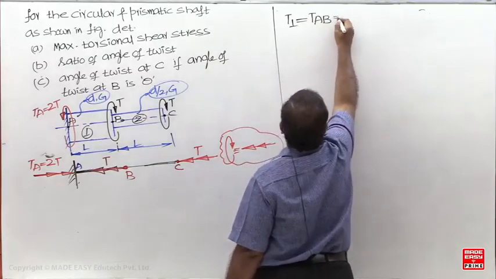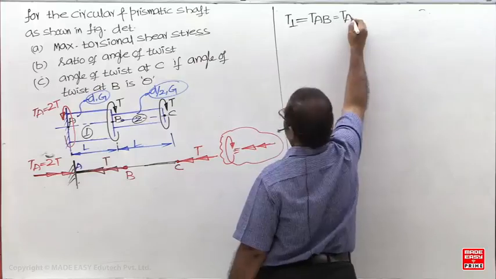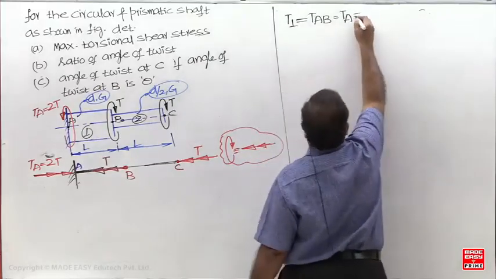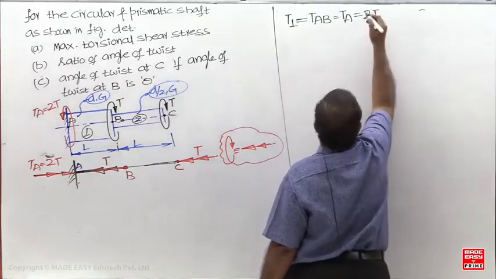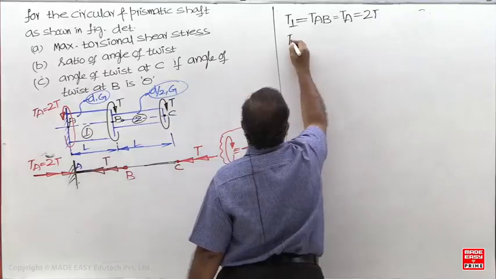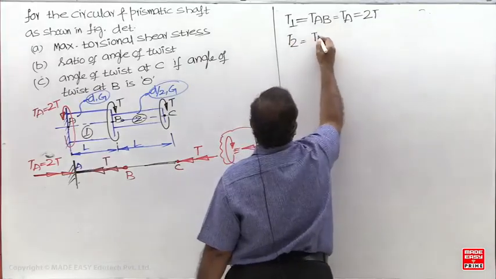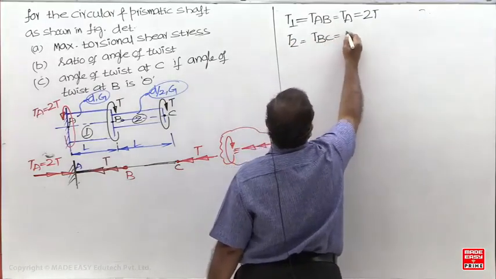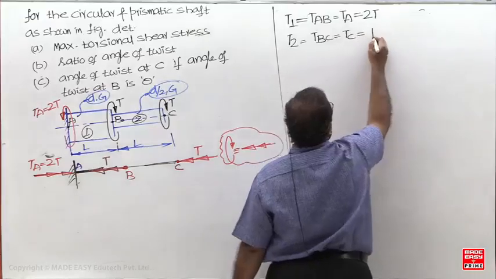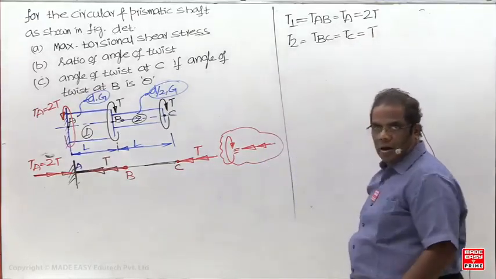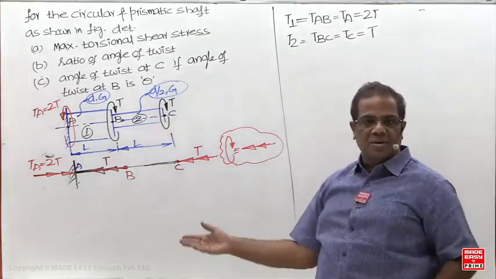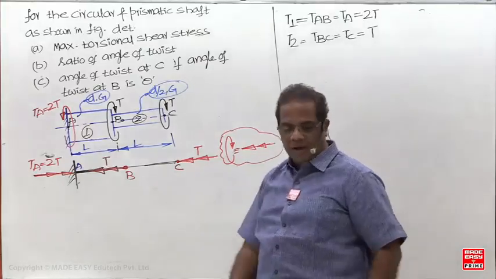For the AB member, the non-junction is A, so it is 2T. For the BC member, the non-junction is C, so it is T. Otherwise, if somebody wants to use the section method, you can use it, but the section method is optional.